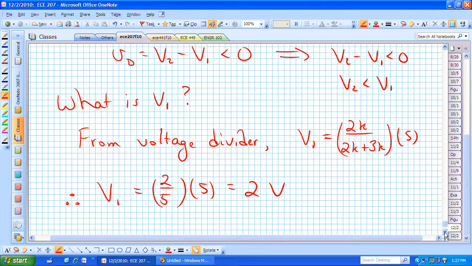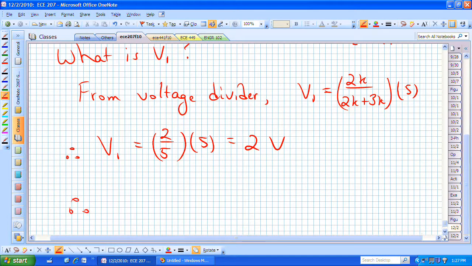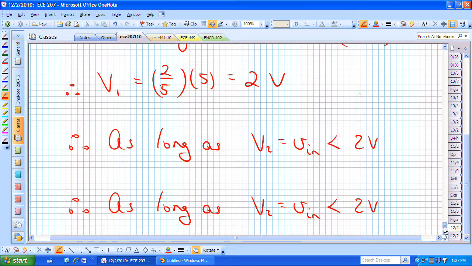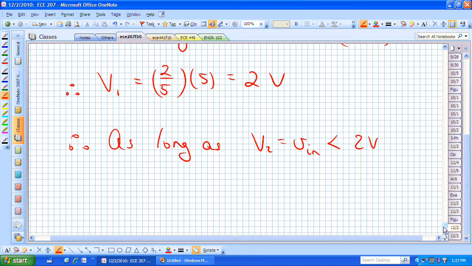So now we know that as long as V2, which is Vn when the diode is off, is less than 2 volts, then we know that V out is equal to V in.